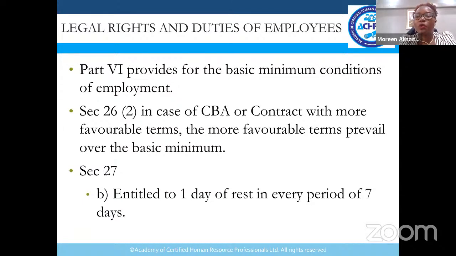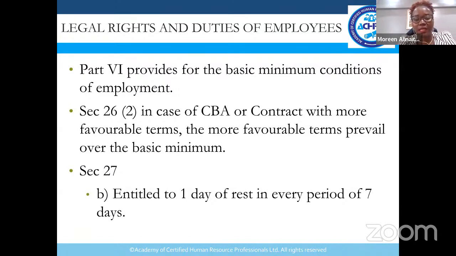So what are the legal rights and duties of employees? This is covered under Part 4, which provides for the basic minimum conditions of employment, okay? Provides for basic minimum. That means if at all you have terms that are worse than this, then you are considered not to be a good employer and you can be sued for that.